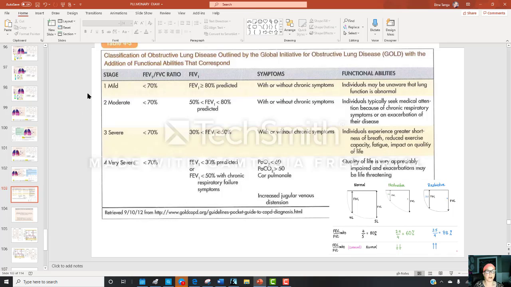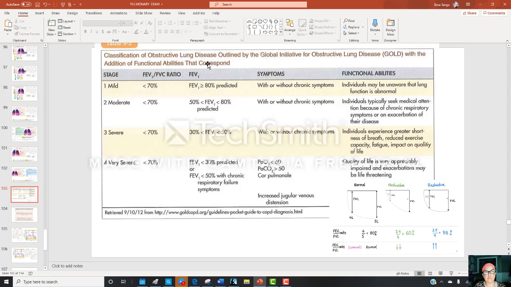Okay, so your obstructive lung disease is right here. The FEV1 is going to determine how severe it is. The FEV1 over the FVC ratio in obstructive lung disease is always going to be lower than 70%.